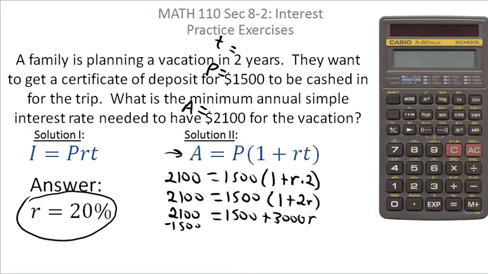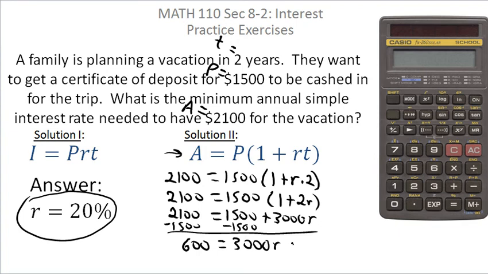sides, I'll end up with 600 equals 3,000 R. Now that's the same as I got in the other calculation. You can see these two things are equivalent.